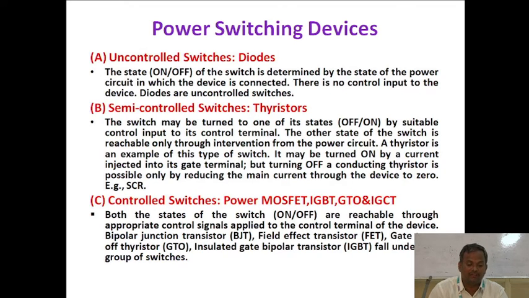They are turned off sometimes by natural commutation and sometimes by forced commutation. And the last one is the controlled switches. That means both the on state and off state of the given device are controlled by the gate control signal. The best examples are the MOSFET, IGBT, GTO, and IGCT.